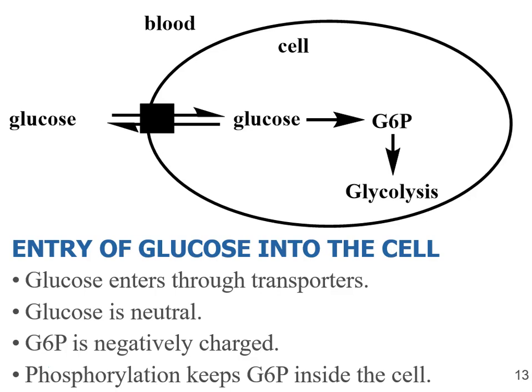That keeps the glucose 6-phosphate in the cell. It would not easily go through those transporters, because the transporters are specific for glucose, and having a -2 charge means it couldn't easily leave the cell. So it's to the cell's advantage.